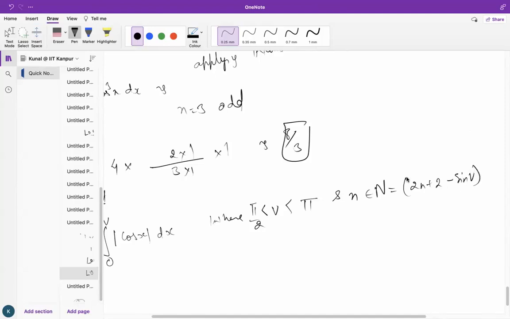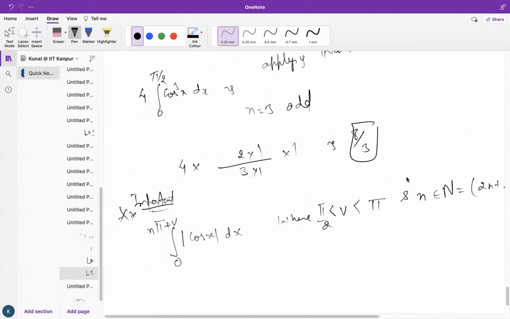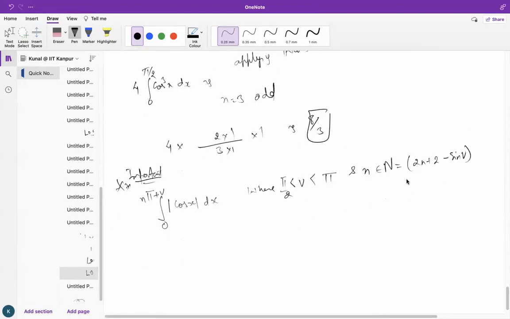Now you have to find the integration of this integrand. So this question looks unfavorable because it's written with some conditions as well, and in words as well.